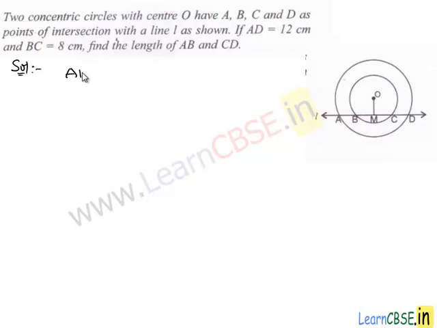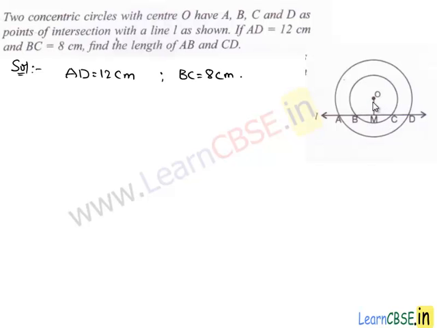Here the length of line segment AD is 12 centimeters and BC is 8 centimeters. From the property of circle, if a perpendicular is dropped from center O to the chord BC, then the perpendicular is a bisector.